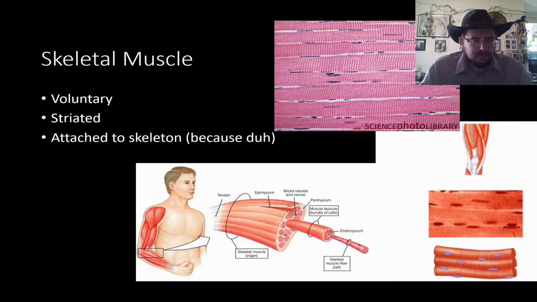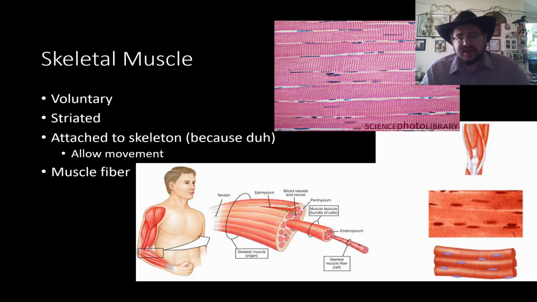So muscles attach to the skeleton because it allows you to move your bones. Again, I said a muscle fiber is an individual muscle cell. We can see in skeletal muscle, we don't have those branched muscle fibers like we see in cardiac muscle.